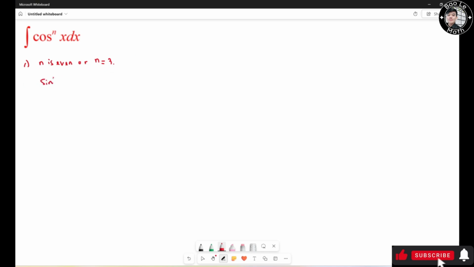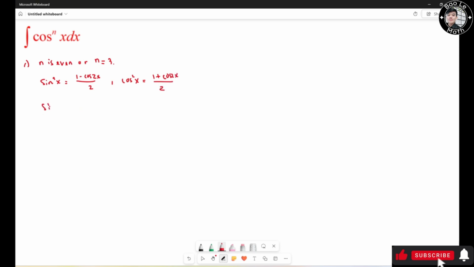Sine square of x equals 1 minus cosine 2x over 2. Cosine square of x equals 1 plus cosine 2x over 2.